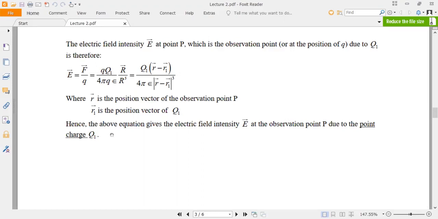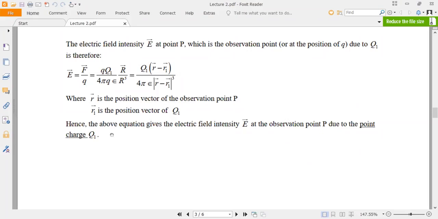A push when they are of the same sign, or a pull when they are of different signs. So this kind of a field which is created by this charge Q1 around itself is nothing but your electric field intensity due to that charge Q1. Got it? Due to that charge Q1.